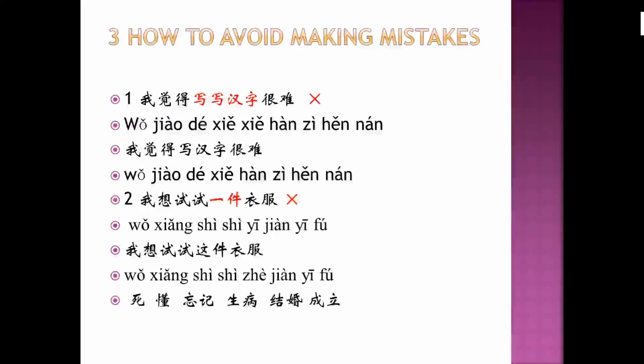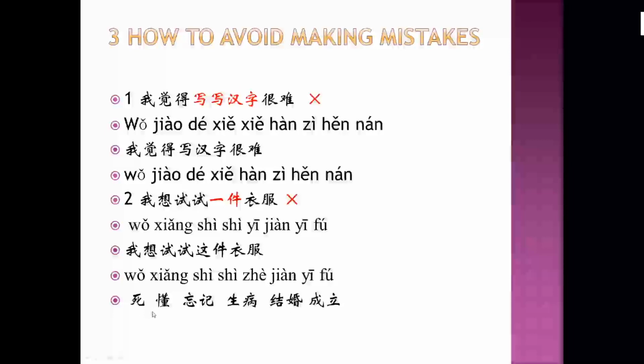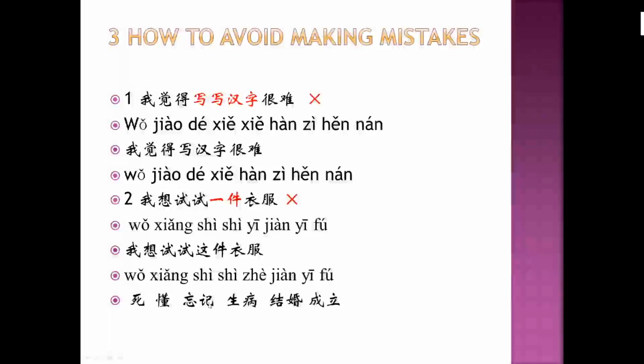But sometimes, not all verbs have this pattern of verb reduplication. So, like the first, die, 死. Number 2, understand, 懂. Number 3, forget, 忘记. We don't say 忘记忘记.